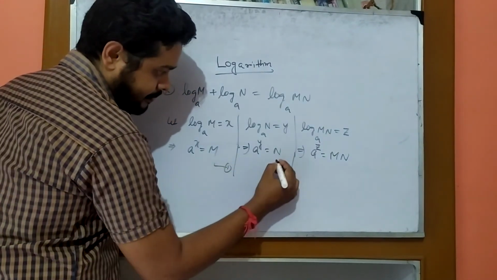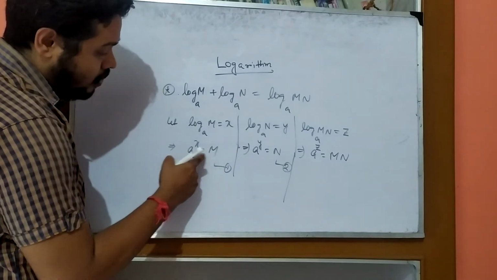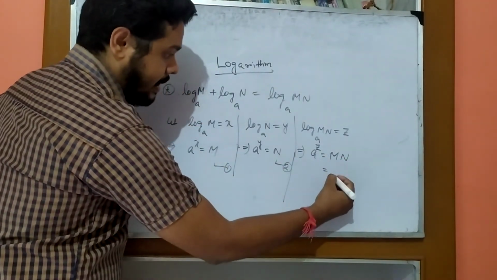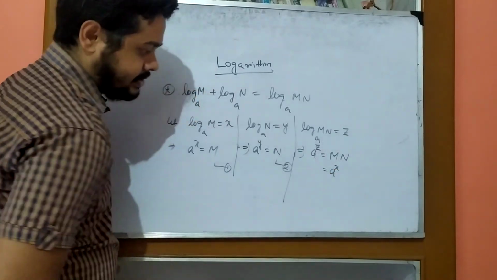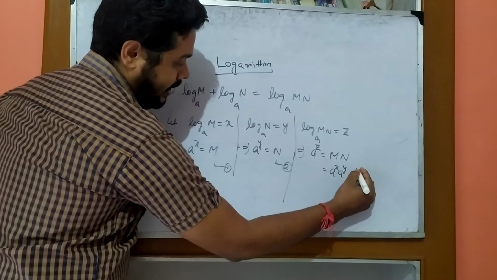Now see, the value of m is a to the power x. So in place of m we can write a to the power x, and in place of n we can write a to the power y.